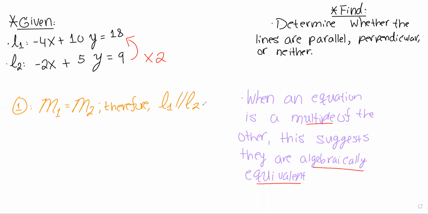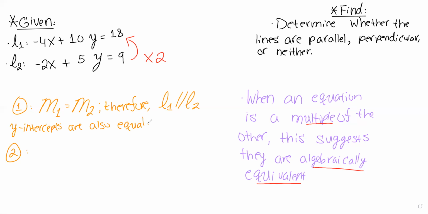But more specifically, we could talk about what this means in terms of solutions. Well, if the slopes are equal and the lines are spaced apart from each other on the coordinate plane, then they never intersect one another. But in this case, since the lines are exactly the same, we know that the y-intercepts are also equal.